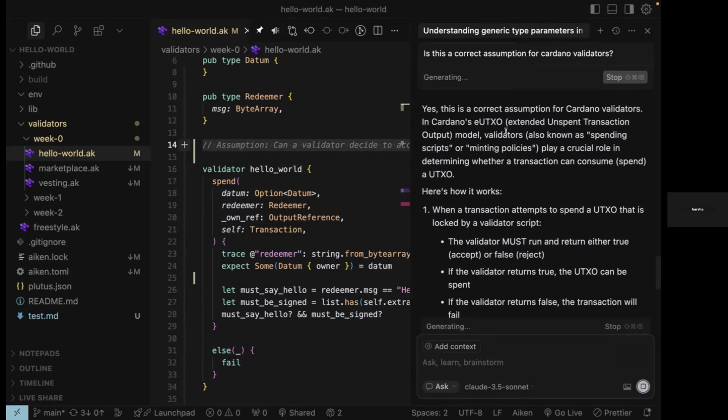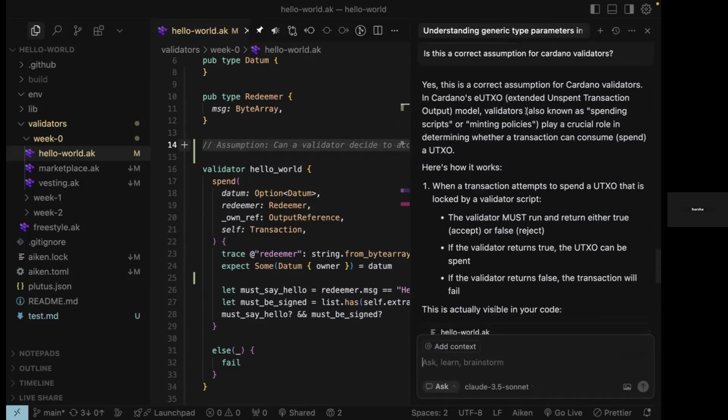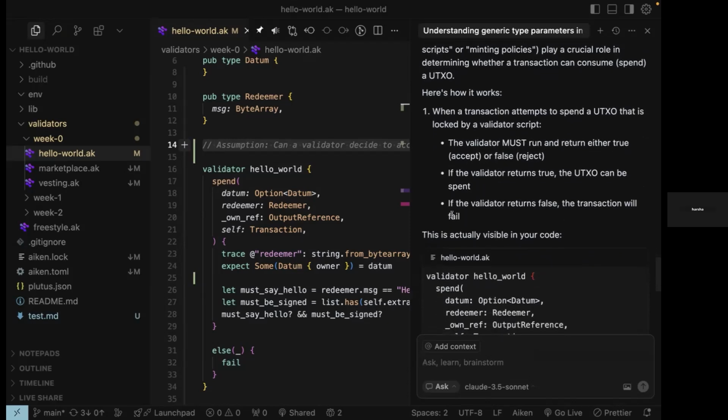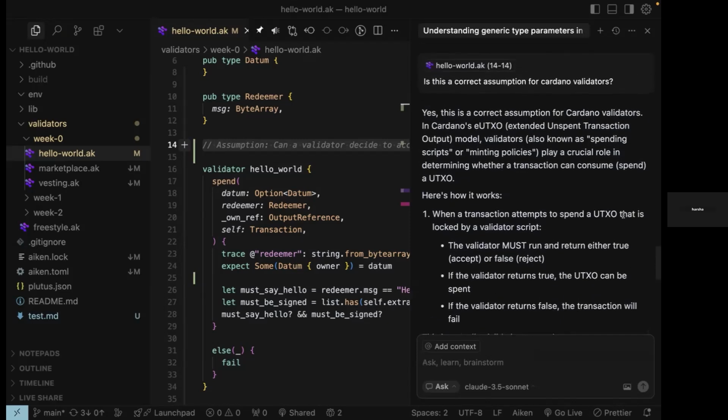In Cardano's EUTXO, extended unspent transaction output model, validators, also known as spending scripts or minting policies, play a crucial role in determining whether a transaction can consume, which is spend, a UTXO. Here is how it works. When a transaction attempts to spend a UTXO that is locked by a validator script, the validator must run and return either true or false. If the validator returns true, it can be spent. That's all spending.